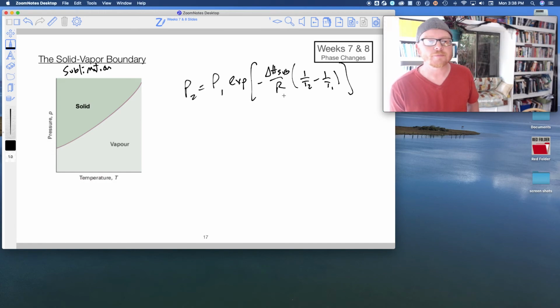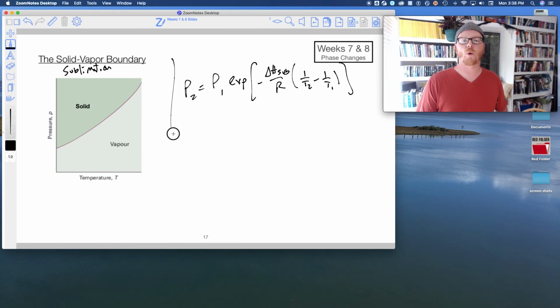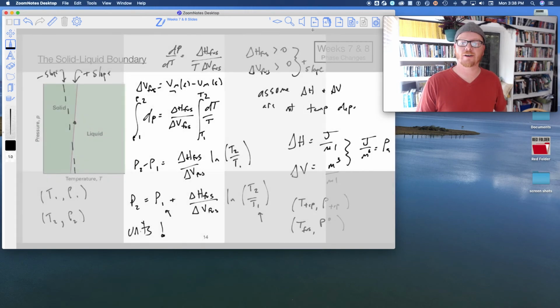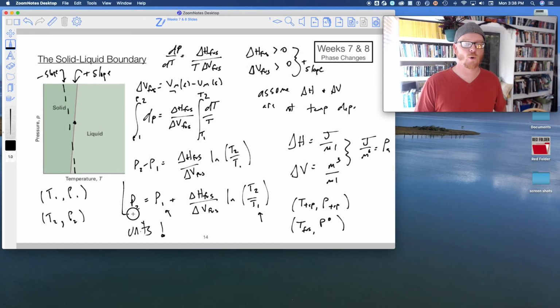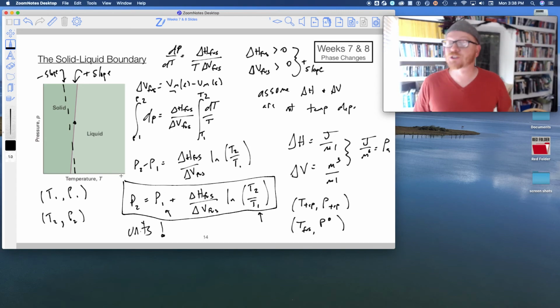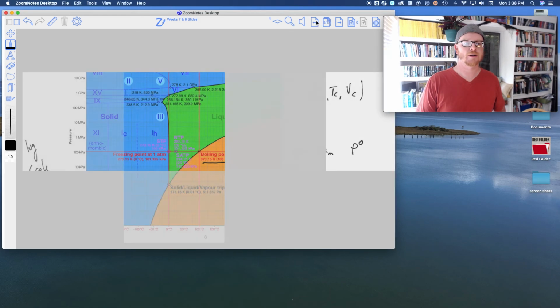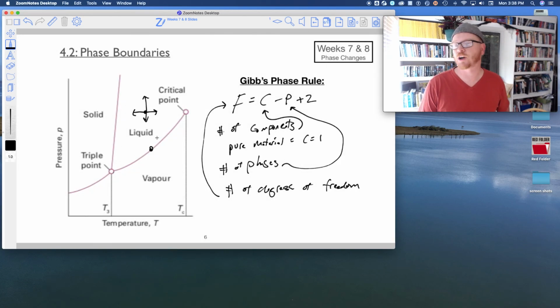Okay, and using all three of those equations, so this equation right here, this equation right here, and this equation right here, we can reproduce a phase diagram, right? So in other words, on our generic phase diagram, we derived the liquid vapor equation, that's the Clausius-Clapeyron equation.